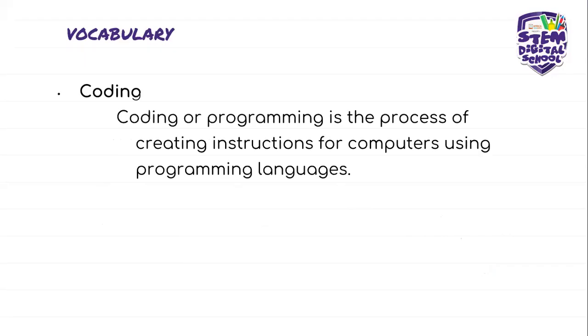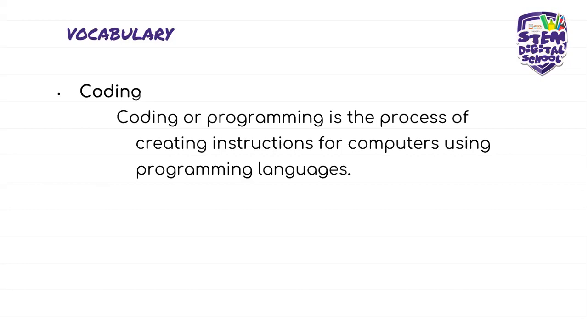Remember, coding or programming is the process of creating instructions for computers using a programming language. And then the one that we are using here is Blockly. And at the back end, if you want to go and look at what each block actually represents, it can be shown in JavaScript.